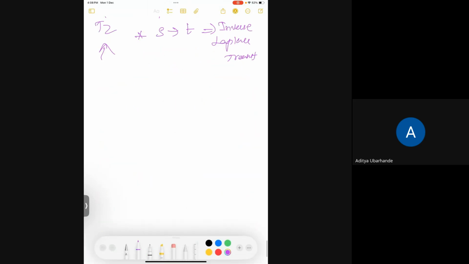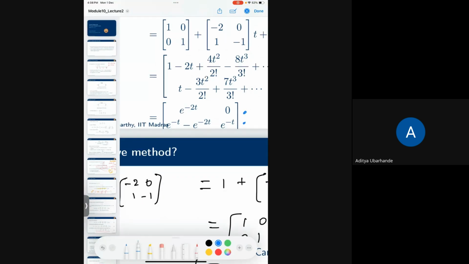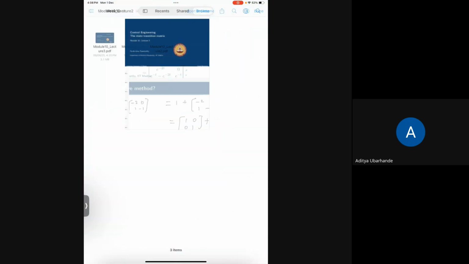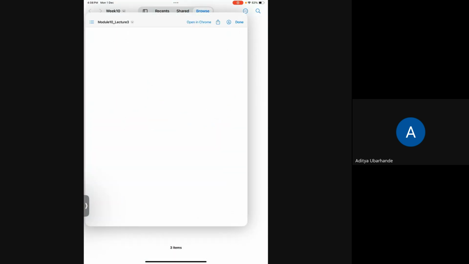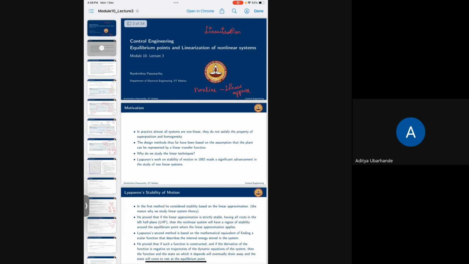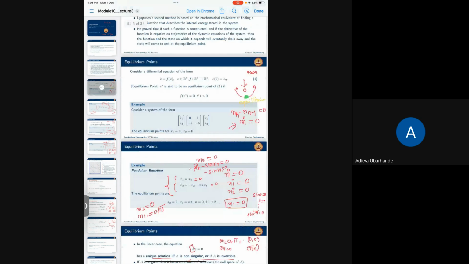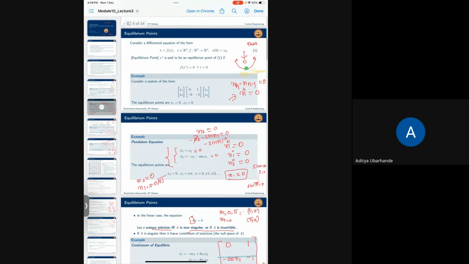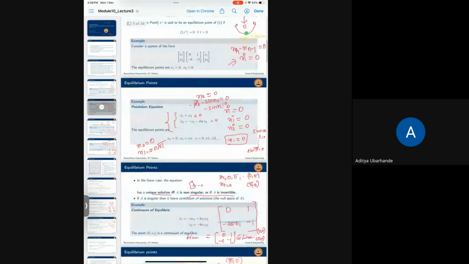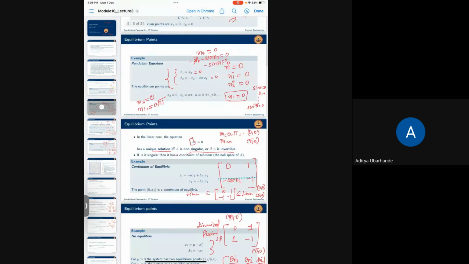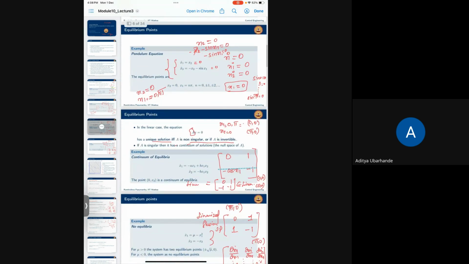Okay. Now, the last thing I want to cover is the linearization part, which is another important part in this series. How do we linearize a system from a nonlinear point of view? Before going to this, I want to introduce two things. Equilibria I have to cover.